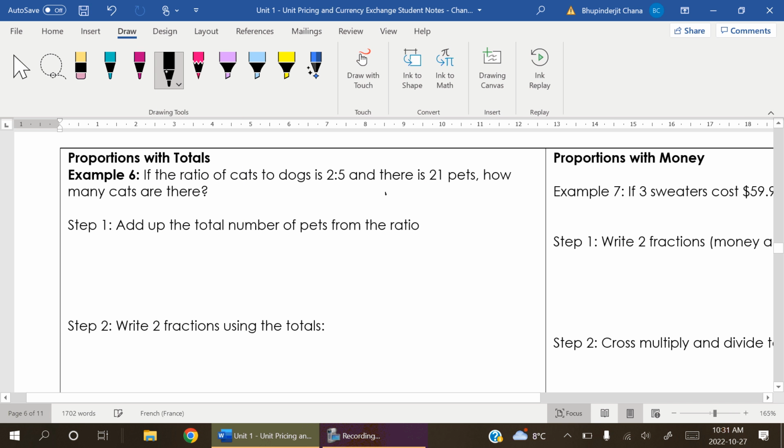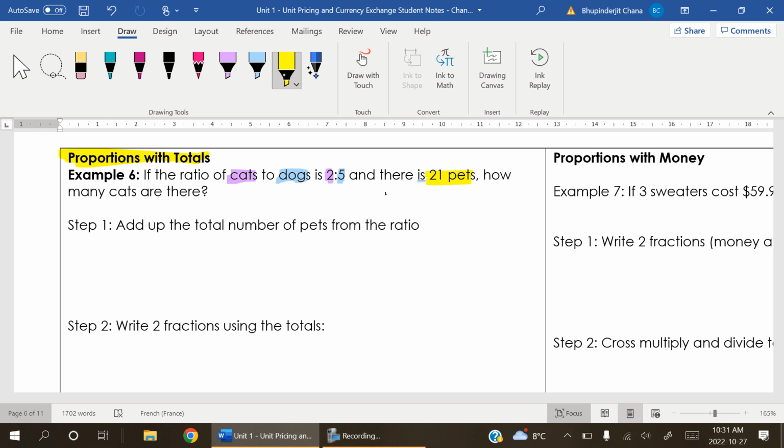All right, the next example we're going to do is going to talk about proportions with totals. So when we're talking about totals, we're going to have to add everything up, just like that soup example that we did in the last lesson. So if the ratio of cats to dogs is 2 to 5, and there are 21 pets, how many cats and dogs are there?